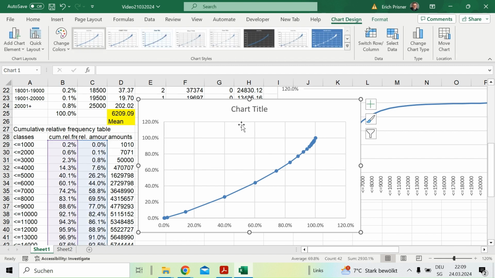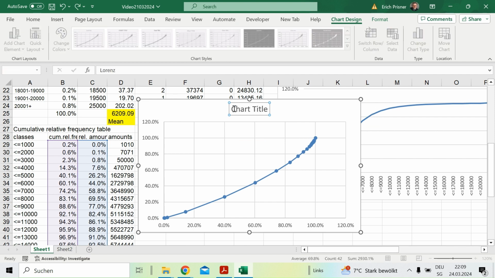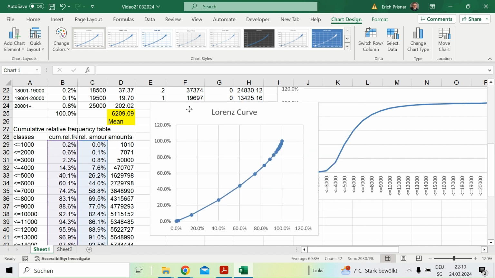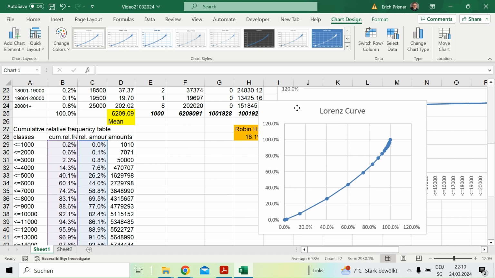I click it in, and I call it the Lorenz curve because it's a Lorenz curve. Okay, Lorenz curve. I try to make it quadratic because a Lorenz curve looks quadratic, and you see the x and the y axis go from 0 to 120%. For some reason, Excel gives a little space.